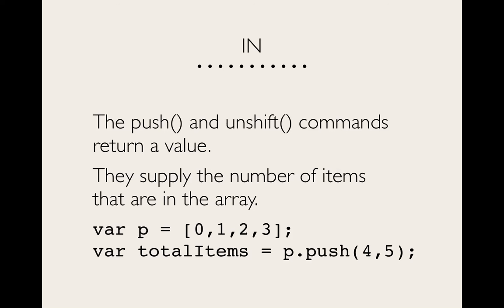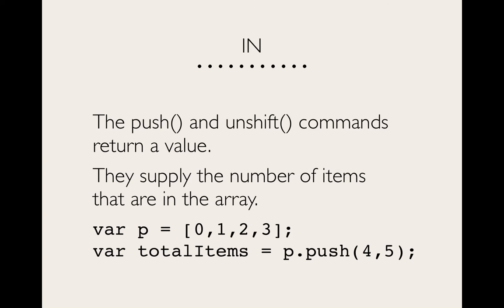For example, this is a little weird, I know, but if you have a variable p, which is an array with 4 values, 0, 1, 2, 3, and you have a variable total items, the value of total items after you use the p, which is the array, the push command, and you're adding 4 and 5 to the array, would be 5, because there would be 5 items.